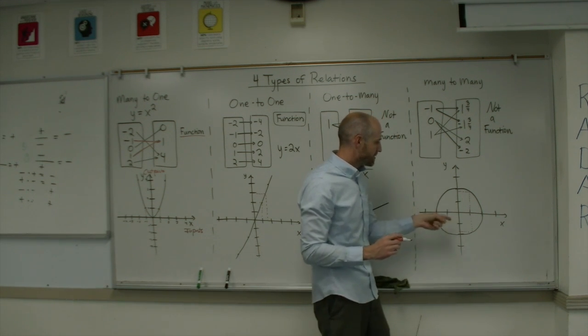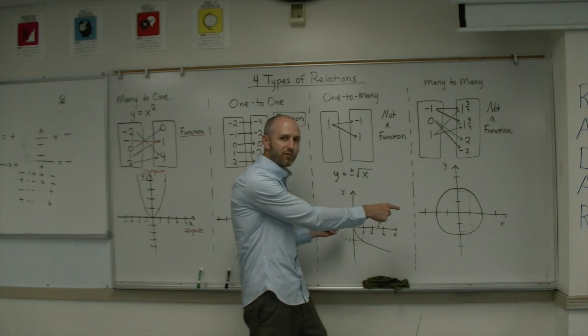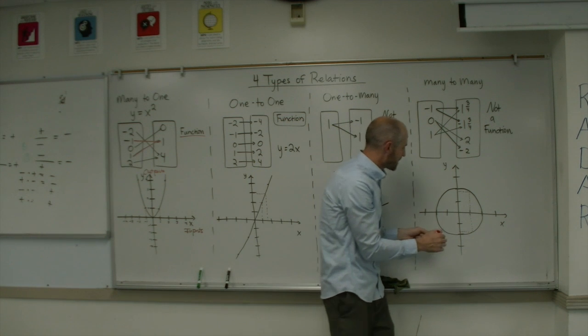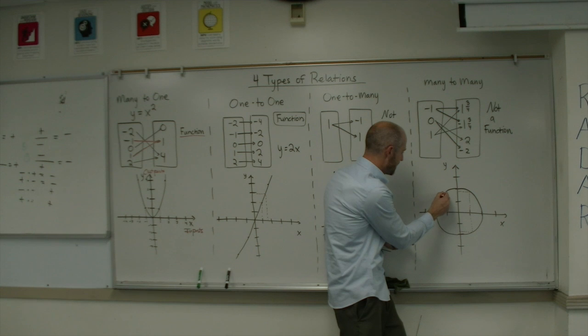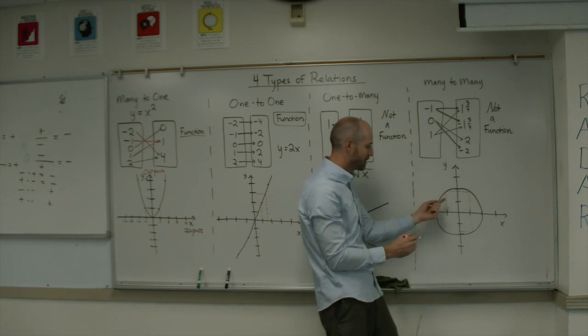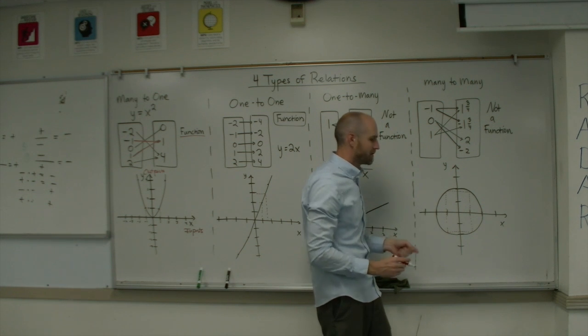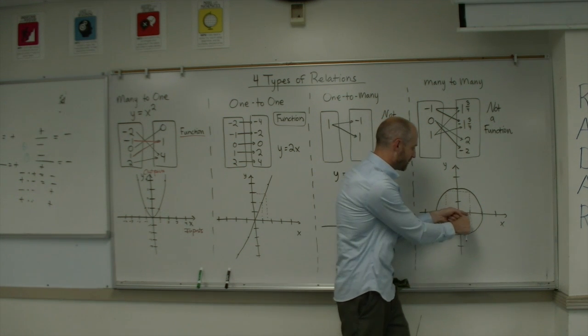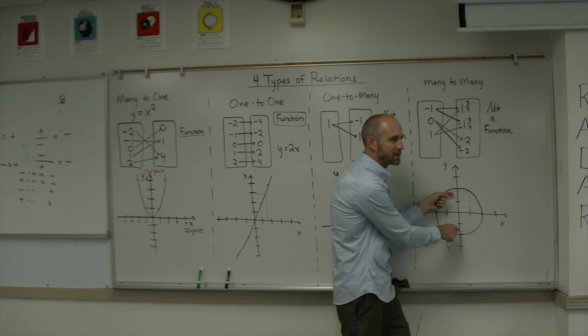But the difference between this one and this one, because they seem pretty similar so far, is that if you put -1 into this relation, you end up with the same outputs, +1 3/4 and -1 3/4. So this input is mapped to 2 outputs, and this input is mapped to those very same outputs.